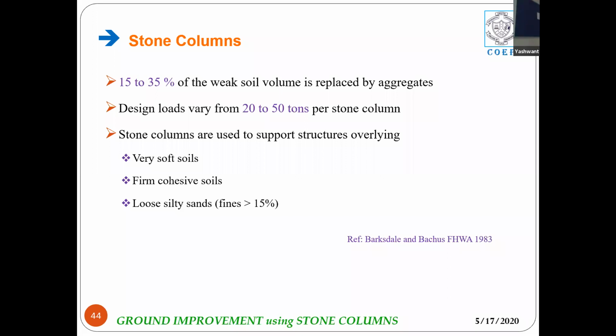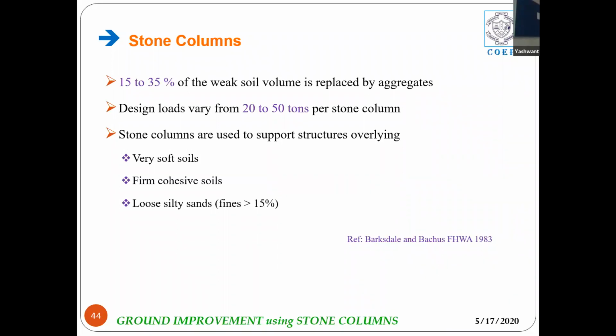So if we replace less than 15%, proper strength will not be achieved, however strong your aggregates may be. And if you remove weak soil greater than 35% and replace it by aggregates, the project goes into cost overruns and the economics is disturbed.